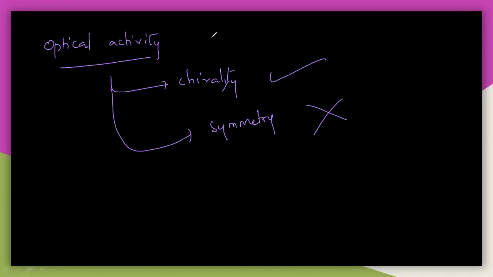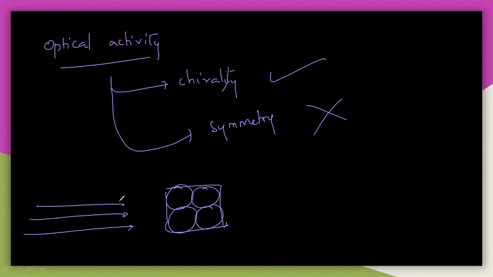So let us take one molecule here. So let us take a simple example. So let us take, there are 4 molecules. See here. So if you take a plane polarized light which is passing through this particular sample here, which is having exactly the similar size or similar molecules here.